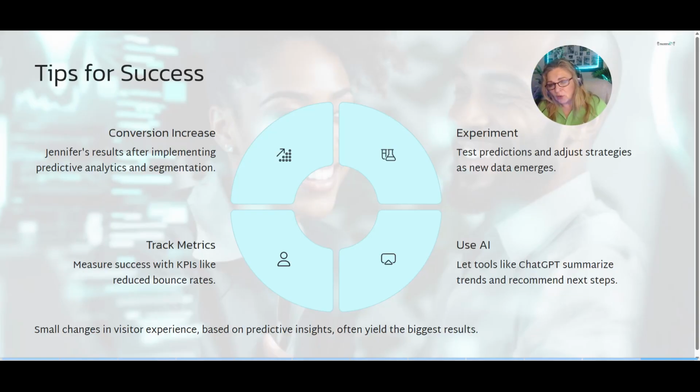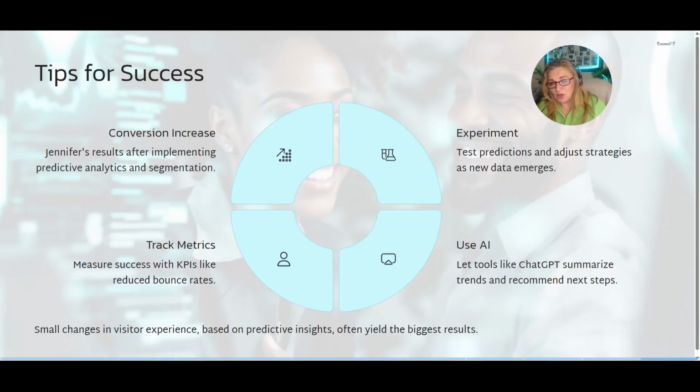And then tailor your messaging. One size doesn't fit anyone. Ditch the generic calls to action and speak directly to each segment. So pricing investigators get clarity, and quick explorers will get urgency, and first timers will get a warm welcome. And here's a value tip for you.